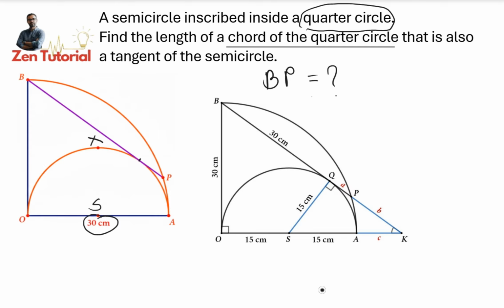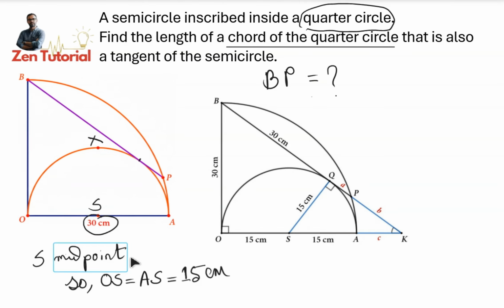And here is another important point in the redrawing: OB is 30 centimeter, because OA and OB are the radius of this quarter circle, which is 30 centimeter, because OA is 30, so OB is also 30 centimeter.